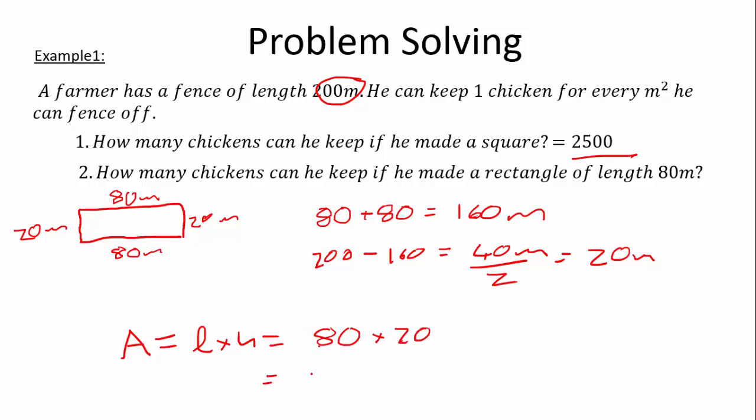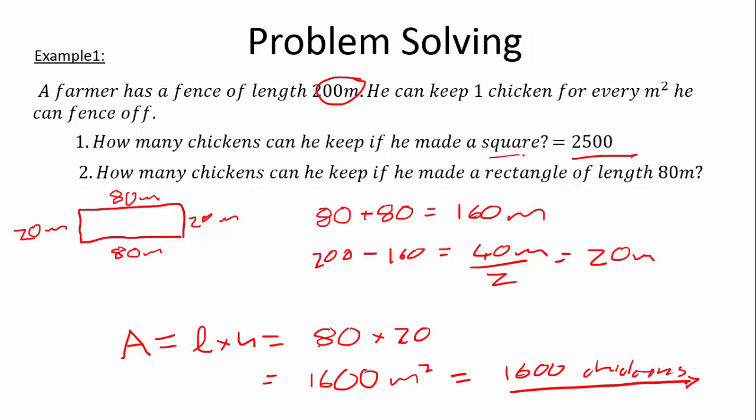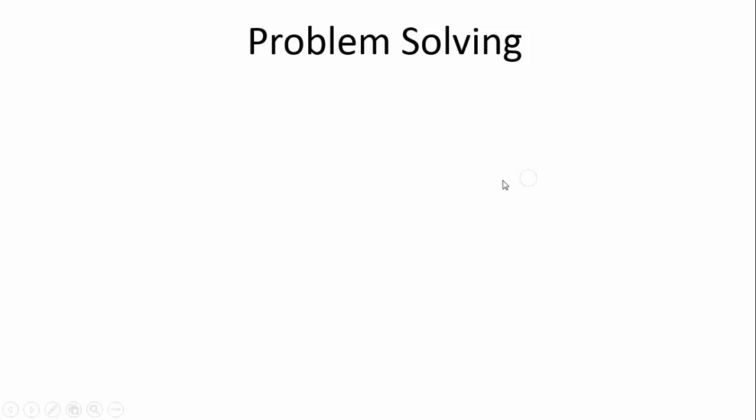That's 16, plus 2 zeros is 1,600 meters squared, which means there's 1,600 chickens. So we can actually see that he has a smaller area if he configures the cage differently. So at the moment, we would definitely rather want to use a square.